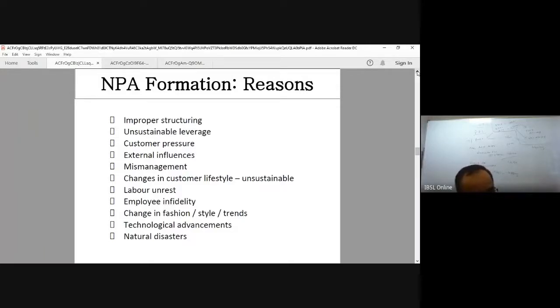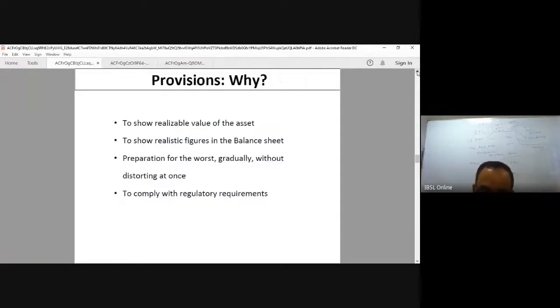In our country it is much less, but in many countries there are areas identified as earthquake prone areas. If we are having factories in earthquake prone areas, whether that is avoided. Those are mitigatory factors, but these are the reasons which end up in NPA formation.